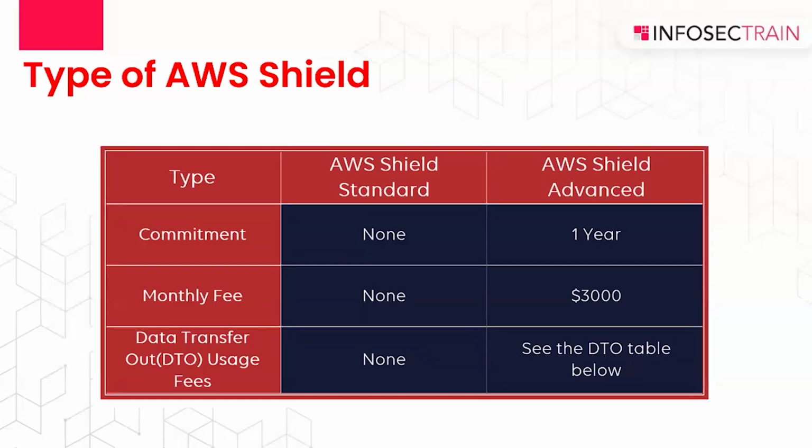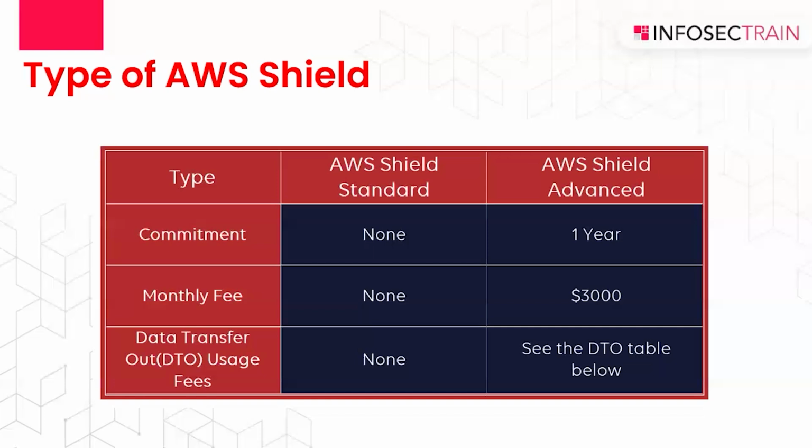If you want to level it up and protect your AWS account or other AWS accounts, you need to subscribe to something called AWS Shield Advanced. The cost is $3,000. But the advantage you get is robust DoS protection.